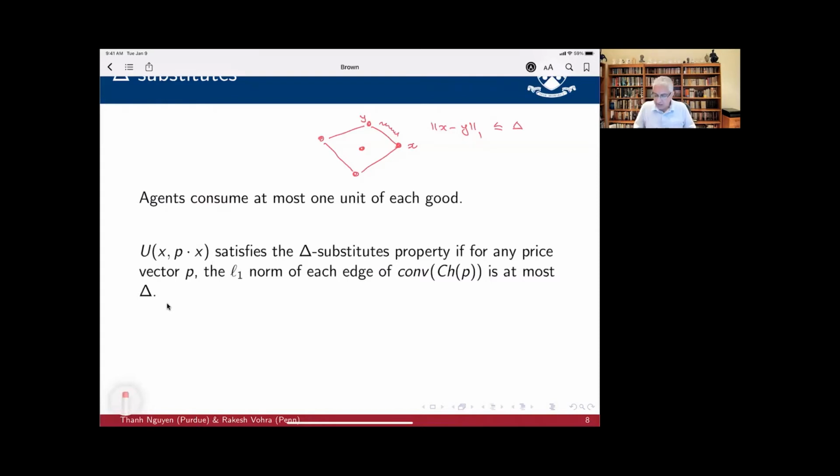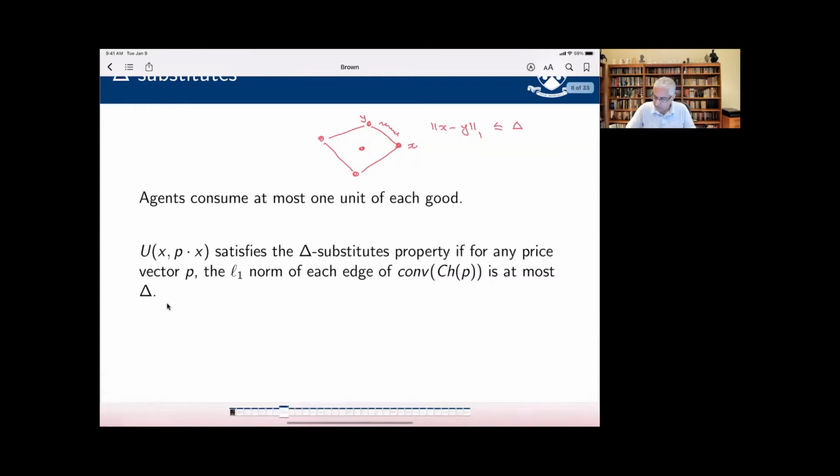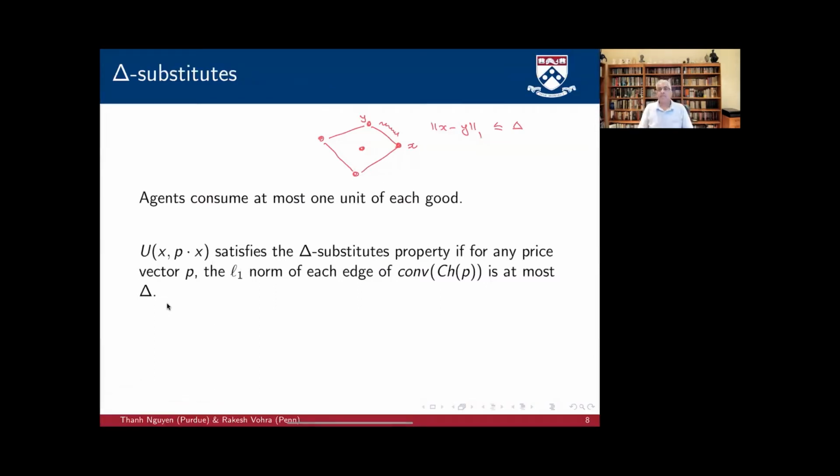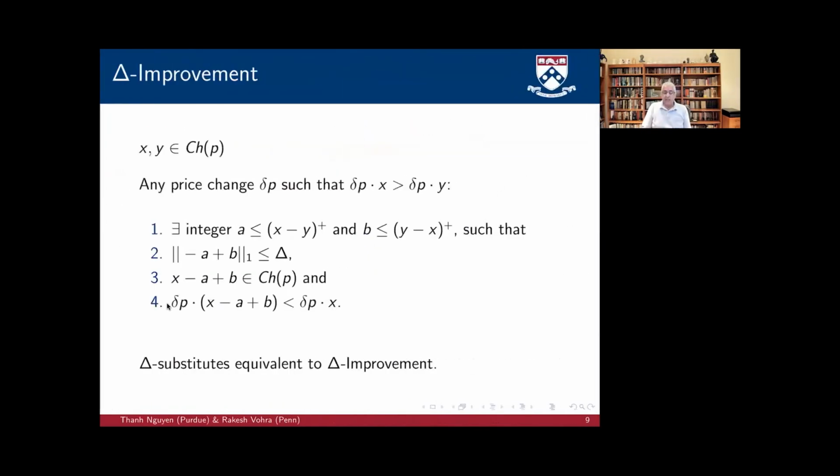Okay. So does everyone understand this delta substitutes condition? Okay, as I said, it seems like a very abstract condition. Now let me convince you that there is an interpretation for it, and here it is. It is equivalent to something that you might find more natural, which we call delta improvement.